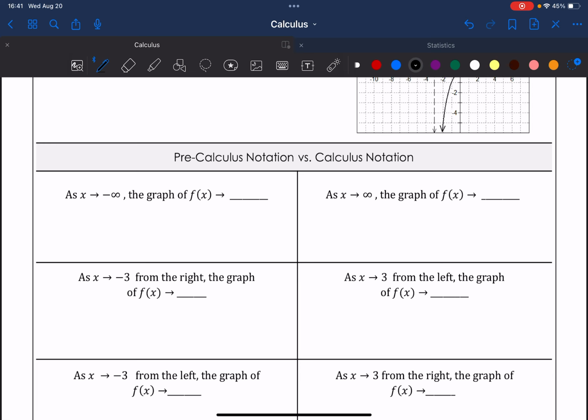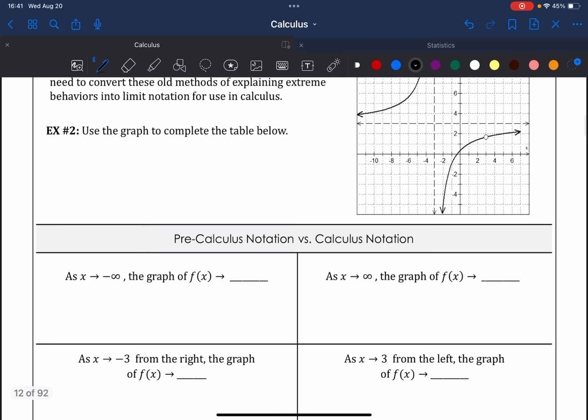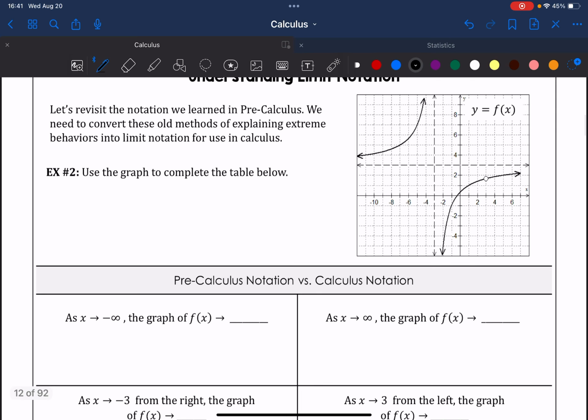So we're going to look at this graph and answer the following. Here it says, as x approaches negative infinity, f of x approaches, well, negative infinity, going this way. As x is getting more and more negative, what is happening to the function?